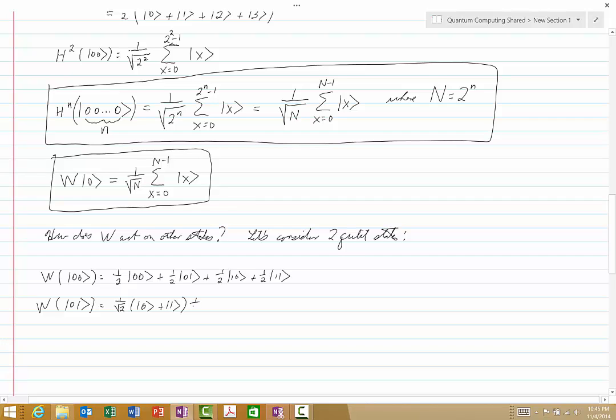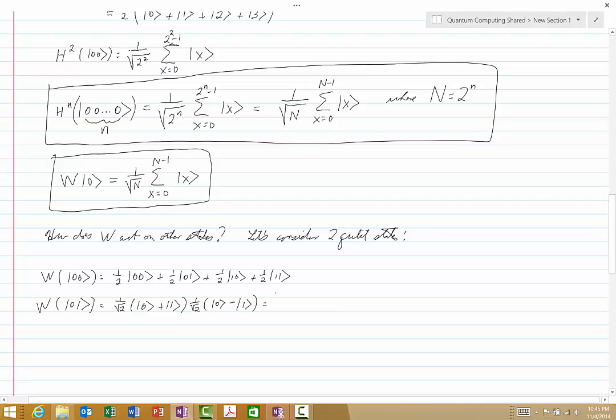Let me rephrase that. Remember that this Walsh transform, or Hadamard-Walsh transform, is really just the idea that H is acting on each individual qubit. So when H acts on that first qubit of 0, we'll get 1 over square root of 2, 0 plus 1. And then when we have the H also acting on the second qubit, which is 1, that one will give us 0 minus 1.